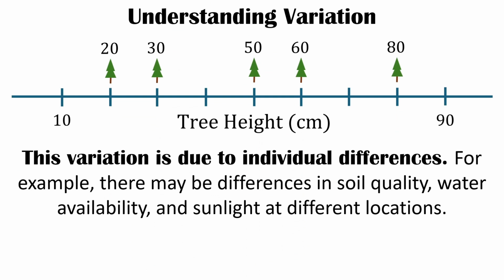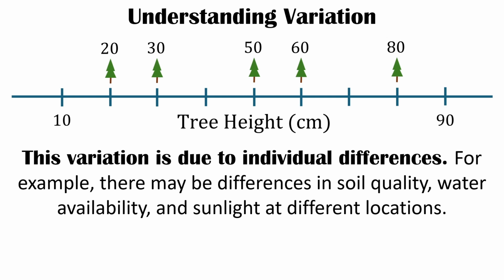So what is the cause of this variation, you might ask? Well, the variation is due to individual differences. So we know, for example, that for the population of all trees, there's going to be a mean height after 2 years of growth. But there's also going to be variation because not all trees are going to grow that same amount. This variation is due to differences in the soil quality or the water availability or the sunlight at different locations.